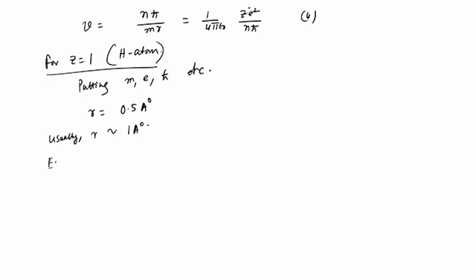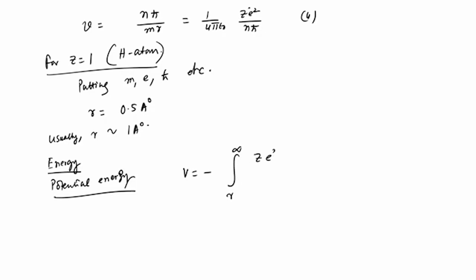So, how do we find the energy from this simple consideration? Let us talk about the potential energy first, the potential energy of the electrons with this radius. This is equal to minus integral from R to infinity of Z e square by 4 pi epsilon 0 R square dr, which is equal to minus Z e square by 4 pi epsilon 0 R, and the kinetic energy as well can be found.